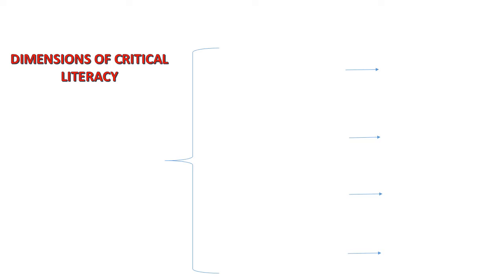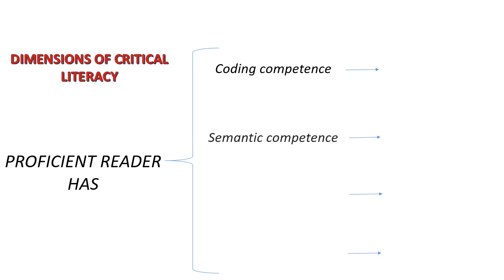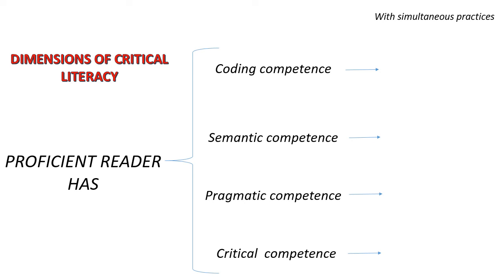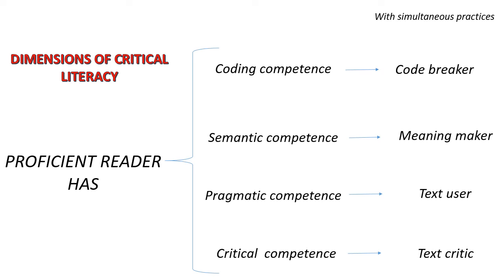The dimension of critical literacy says that a proficient student as a reader has to have coding competence, has to understand the semantic competence, the pragmatic competence, and finally the critical competence. And the result of this competence has to do with the simultaneous practices, including the code breaker, the meaning maker, the text user, and finally the text critic.